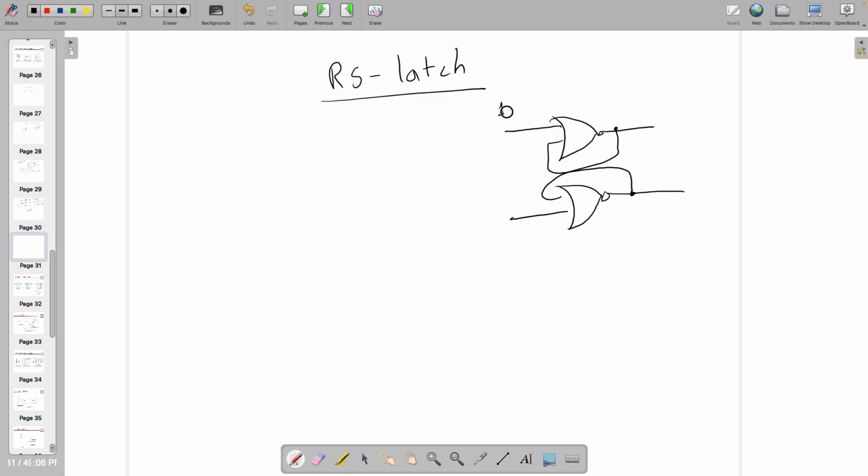Because it will give you the answer of 0 0, or the invalid state, when both the inputs are 1. When these are NAND gates, it changes and it will latch the previous value when both are 1, right? So in the book they are using NOR, we are using NAND, okay? So please be careful about that.